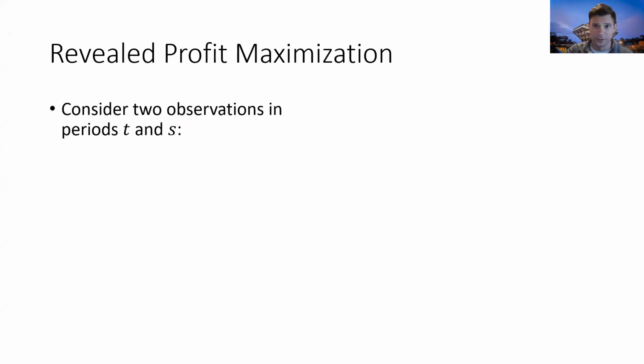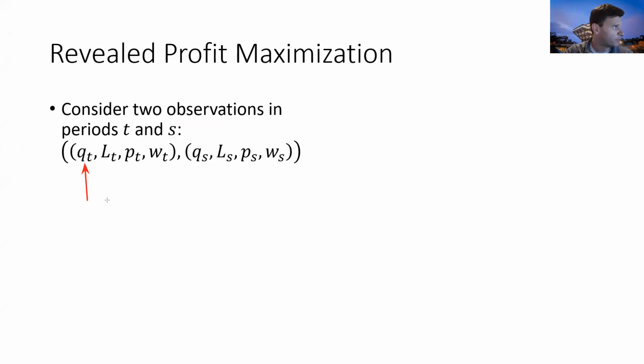Let's suppose we had observations from 2 periods. We were calling them period T and period S. In each period, we were able to observe the output produced, the amount of labor used, the price of output, and the price of labor. The S subscript refers to one period, the T subscript refers to a different period.